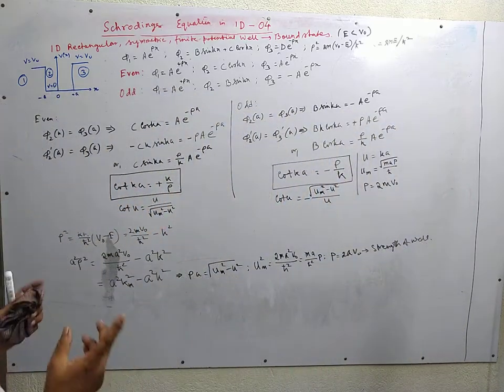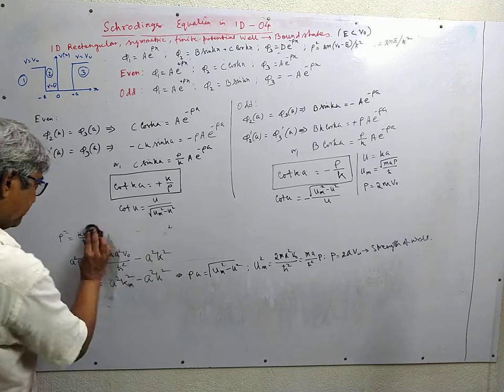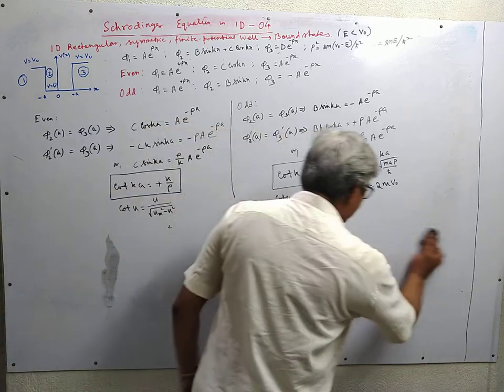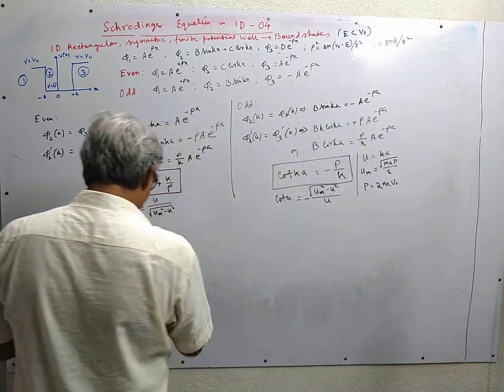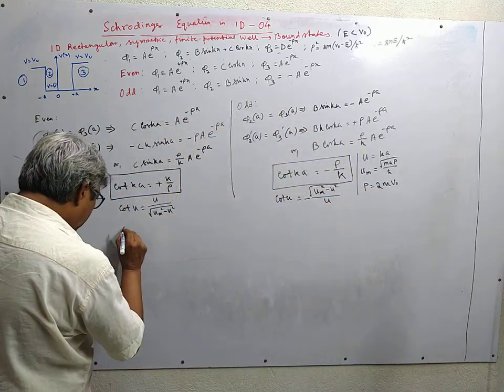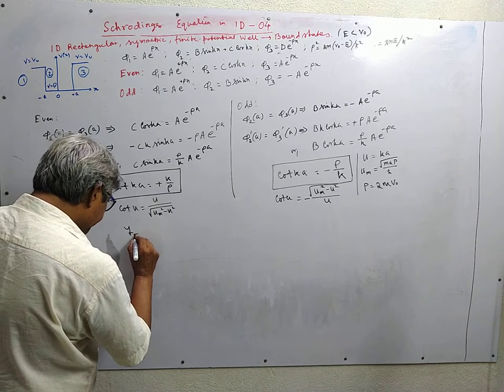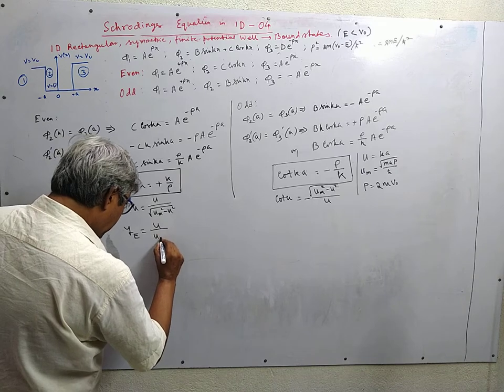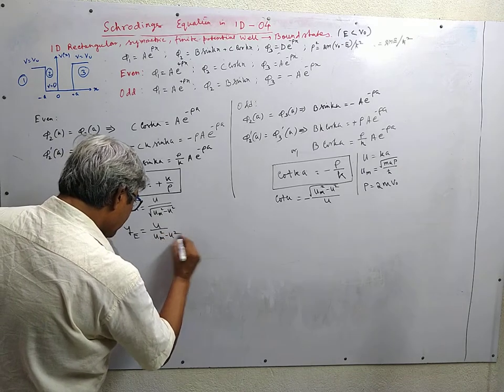Now these two transcendental equations have to be solved. So we write this quantity y1 is equal to u by root of um square minus u square.